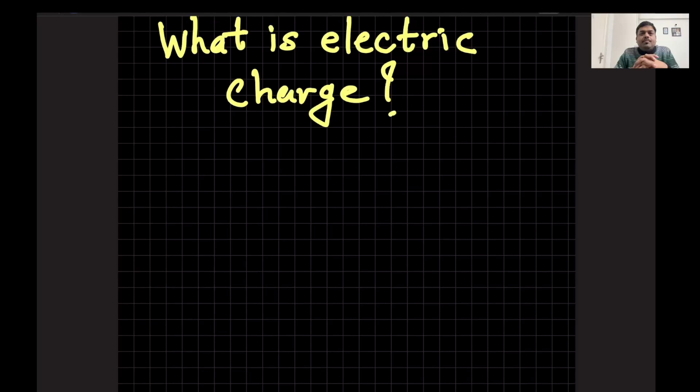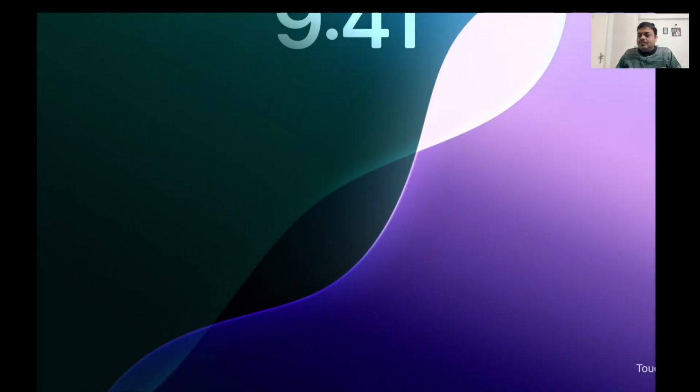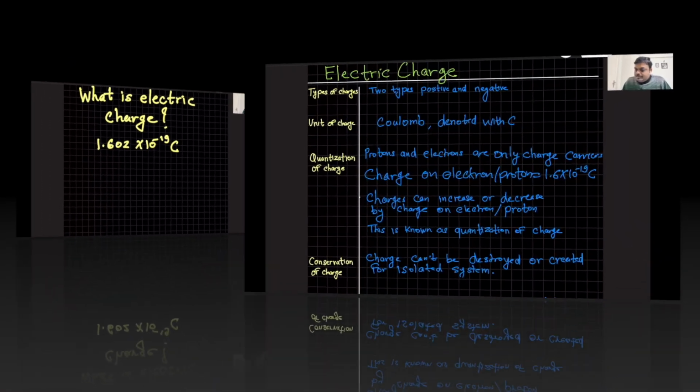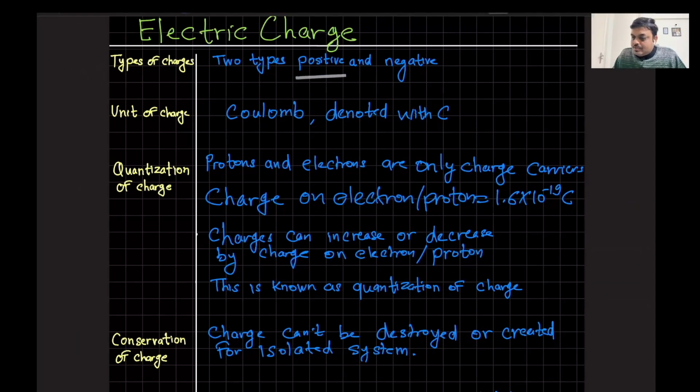The minimum amount of possible charge is the charge on the electron, and that value, I'll write it down, is 1.602 times 10 raised to power minus 19, with unit coulomb. So we have two types of charges, positive and negative, and it's the convention to denote the charges as positive and negative.